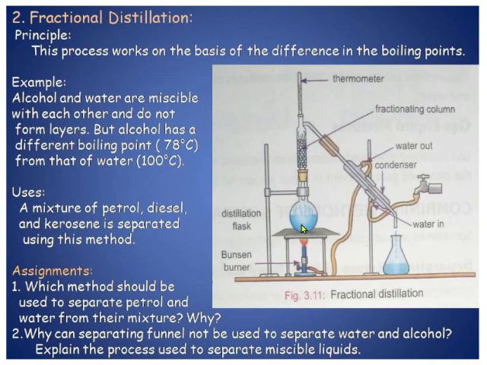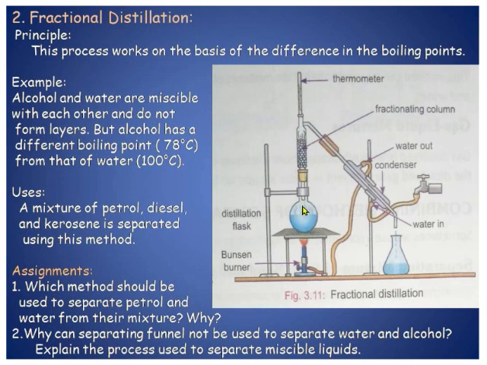So, if by chance a few molecules of water get evaporated even at 78 degrees Celsius, this fractionating column will contain those water vapor molecules here only, and the water vapor molecules will again drip in the distillation flask.